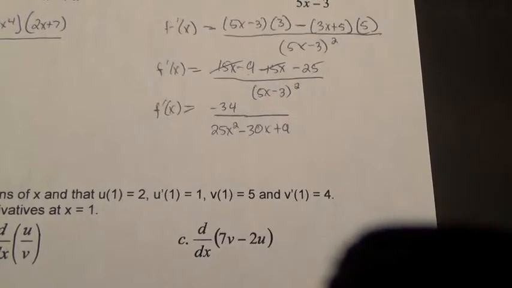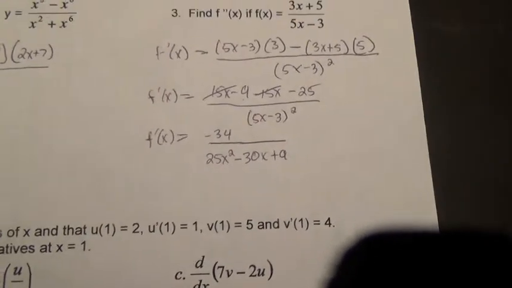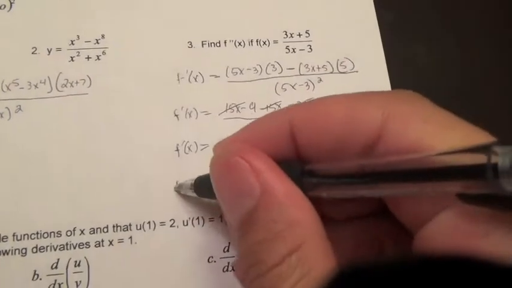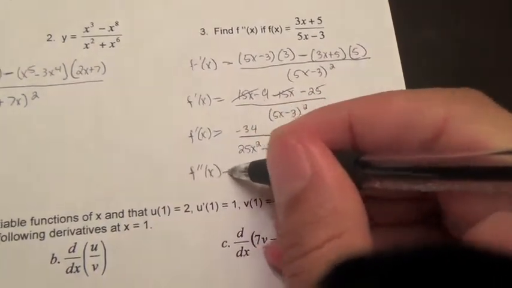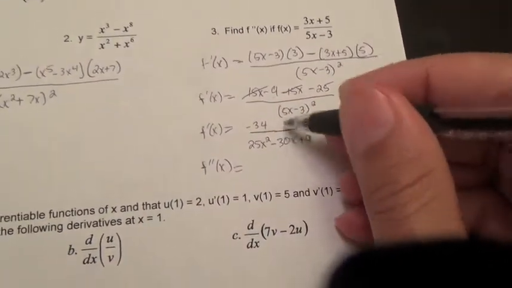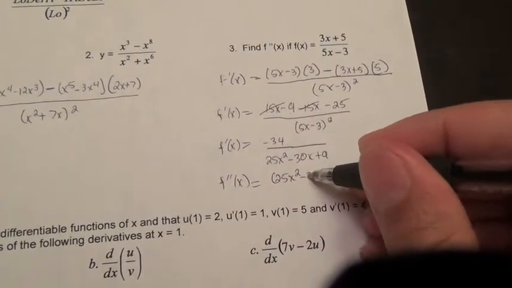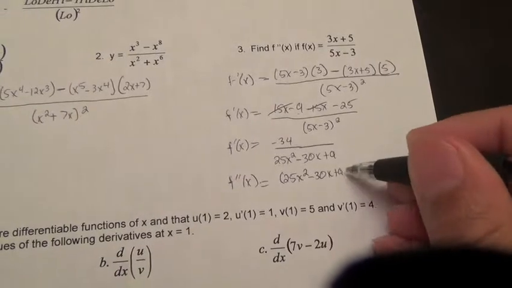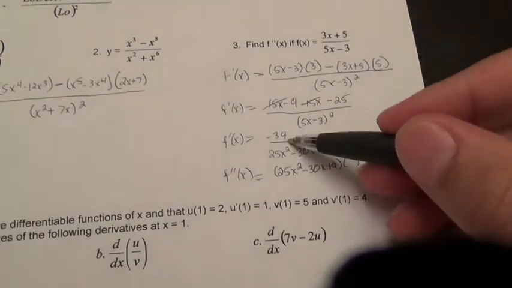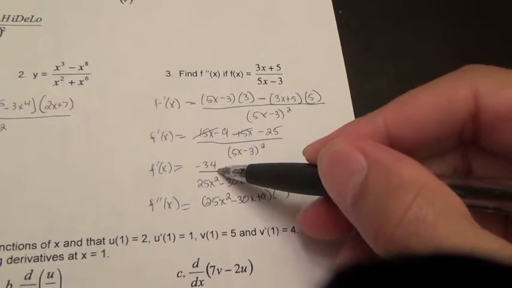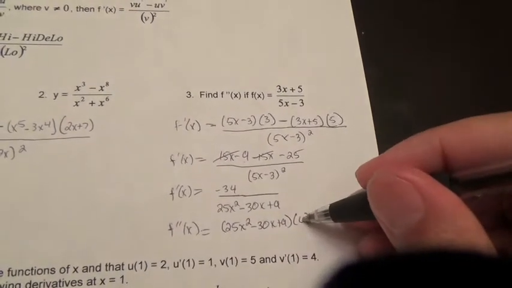Now we're taking our second derivative. It's still a quotient, notice we have a top and a bottom. So now our second derivative is your denominator unchanged against the quotient rule. So low d high means your denominator times the derivative of the numerator. The numerator is negative 34, that's a constant, so the derivative should be 0.